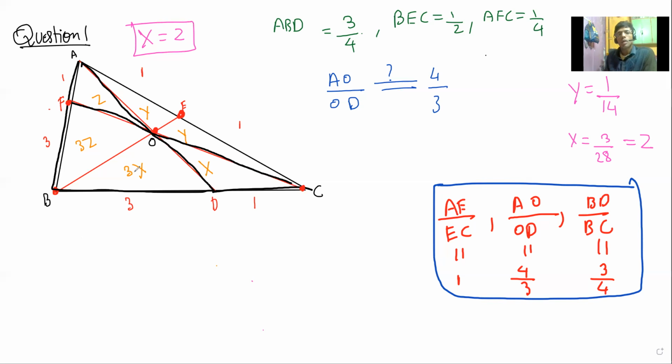So in the setup where ABD is a triangle and FOC is a line, like earlier we had ADC as a triangle and BOE as the line which is cutting, right? And then there were some ratios which we labeled. So these are the ratios in which the line cuts a triangle. But in this case, the triangle is ABD and the line is FOC.